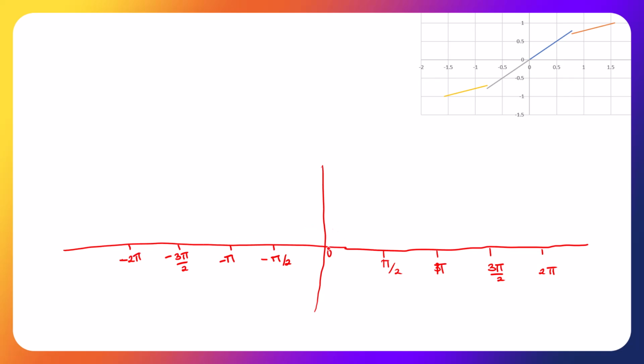So the sketch we are looking for looks something like this, where this is the function f of x equals x, and this is the function f of x equals sine x.